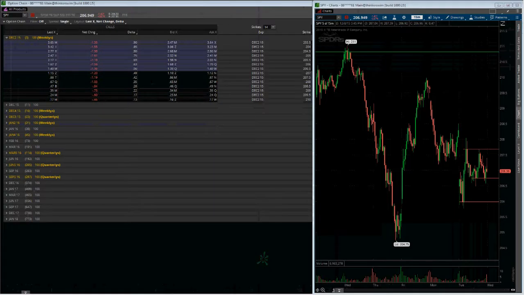Because I want to make sure I get filled. Well, if I'm trying to sell something, what's the only way I can really guarantee I'll be able to sell it? To sell it on the bid, what somebody's willing to pay. So my estimate would be $1.16.